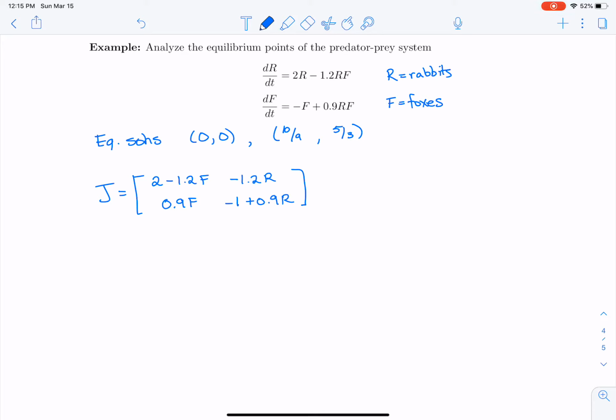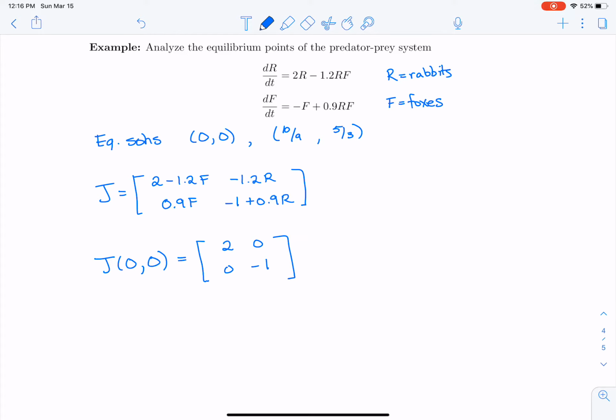If we plug in the equilibrium points, the Jacobian at (0, 0) is going to be [2, 0; 0, -1].